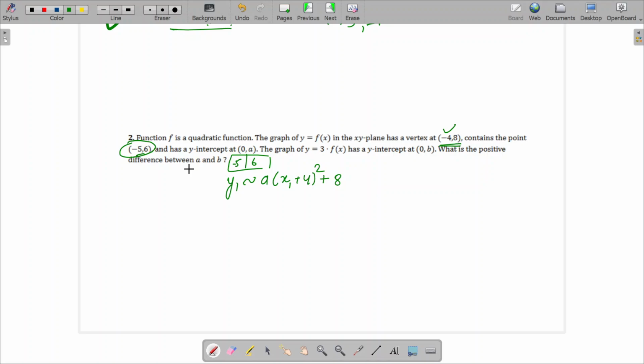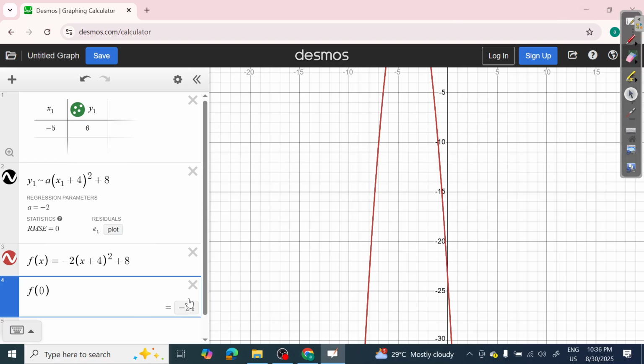Now what do you have to do next? Let's read the other part of the question. The graph of 3 times f of x has a y-intercept. Now when you're doing 3 times that function, you'll get a different y-intercept. Let's figure it out. Let's do y equals 3 times f of x.